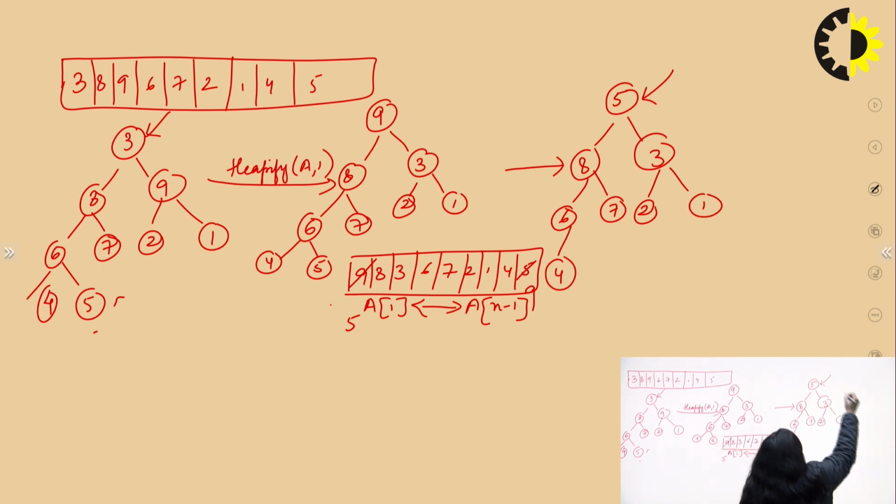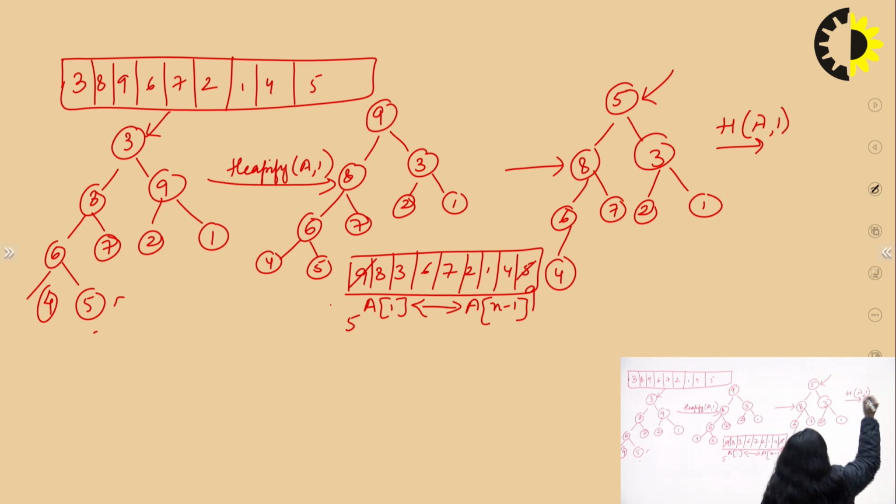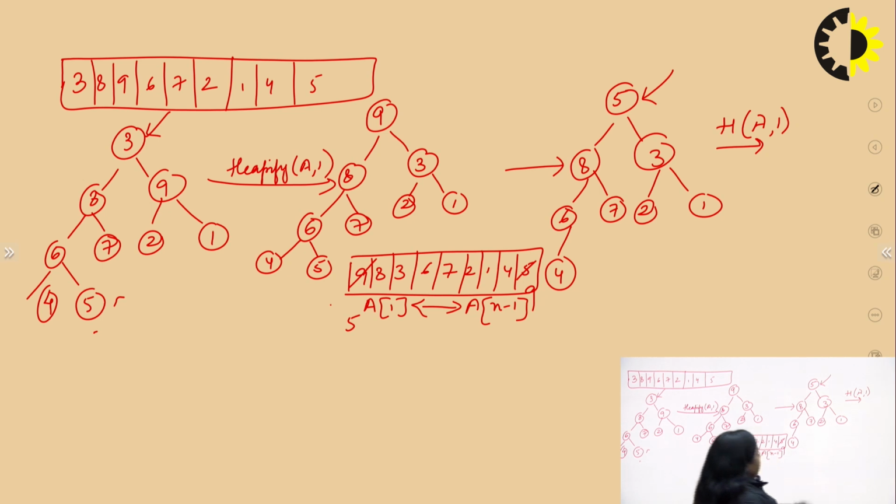Apply heapify on A1, right, onto the 5. Now see, when I apply the heapify on A1, we know that 8 is greater, right? So what we need to do is, we have to swap this element, right?